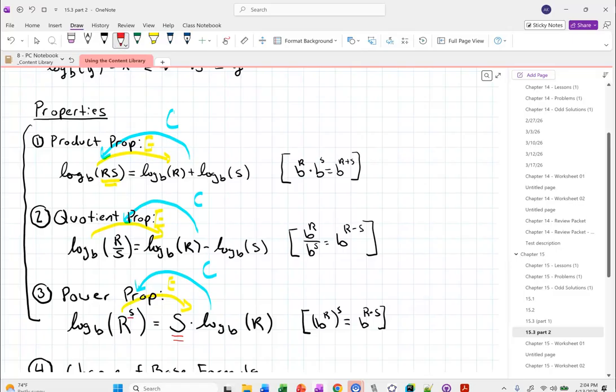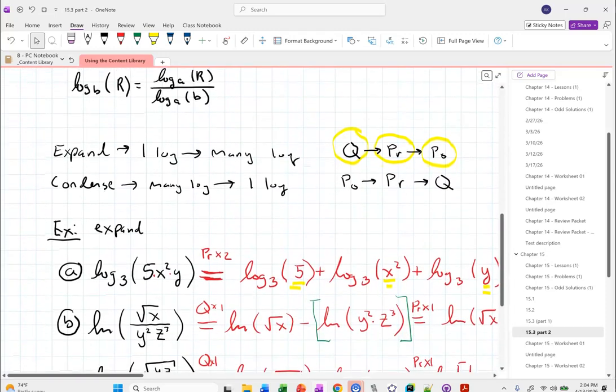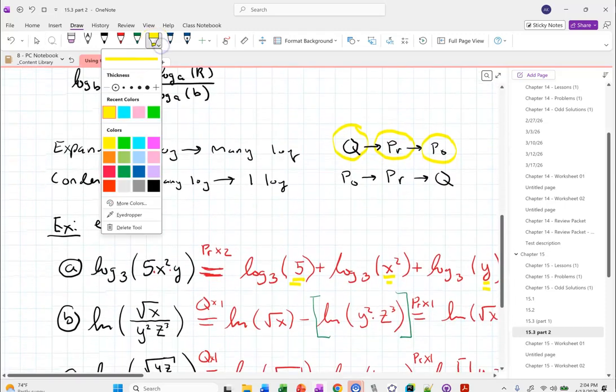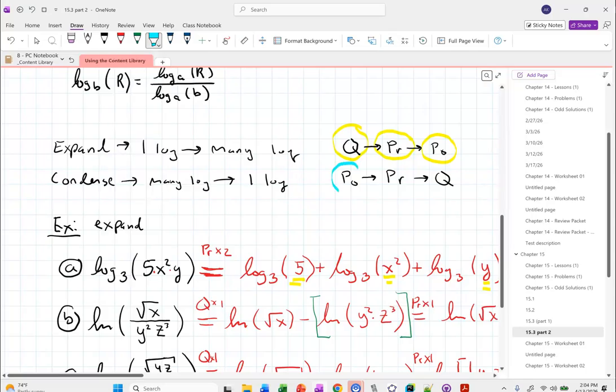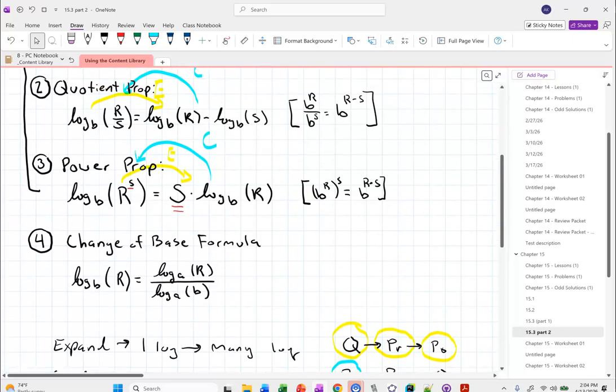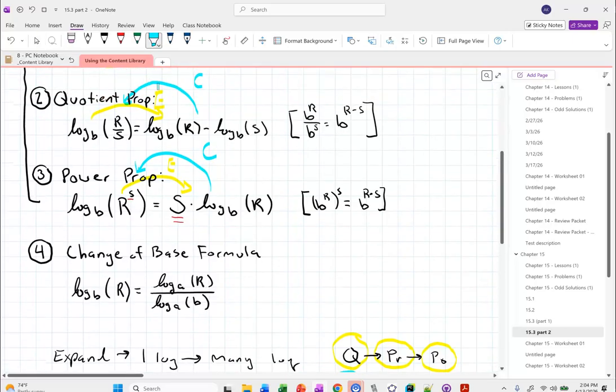All right. So when we're condensing, first thing we're going to look for is power properties. So for the power property, I'm going to look for coefficients in front of our logarithm, and we're going to rewrite those coefficients as exponents inside the logarithm.